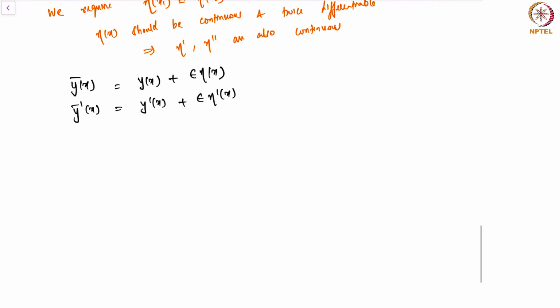We are looking for this functional J, which is the integral from x1 to x2 of some f of x, y of x, and y prime of x dx.